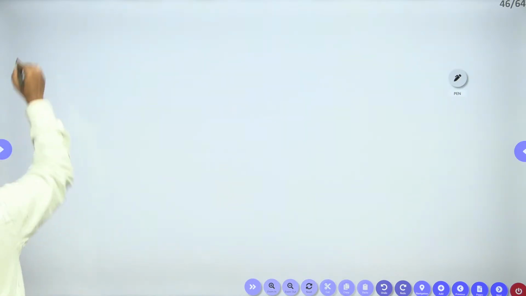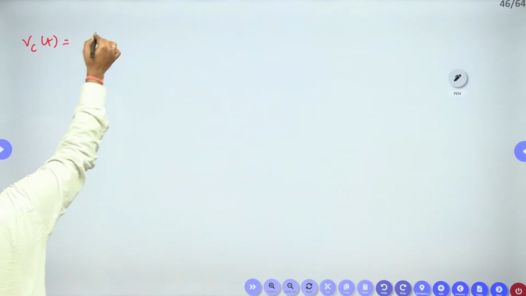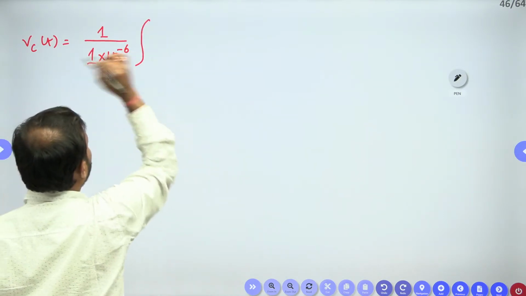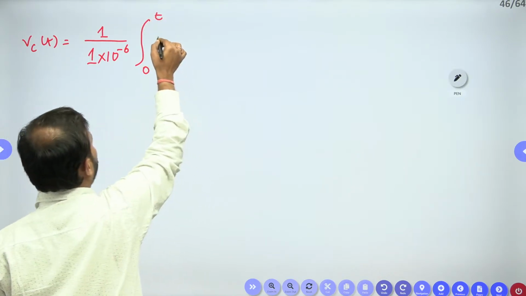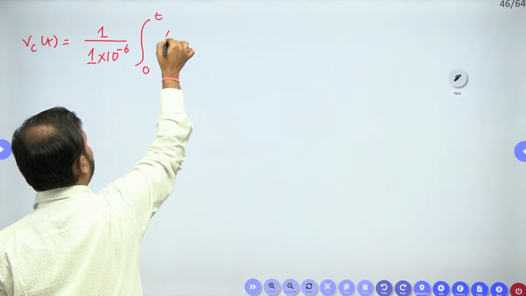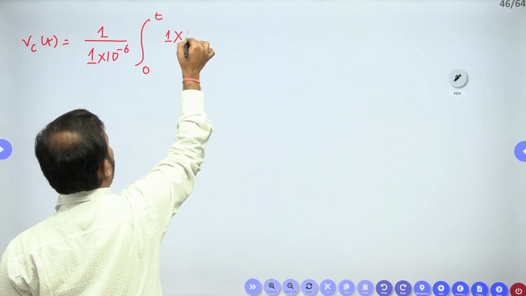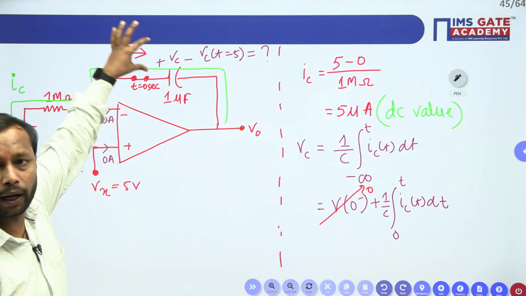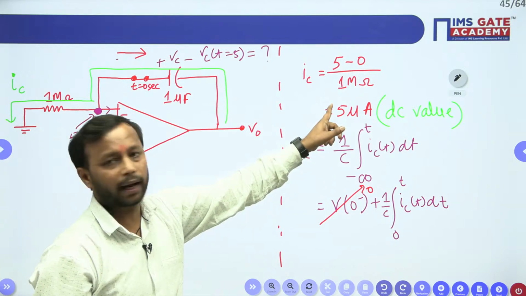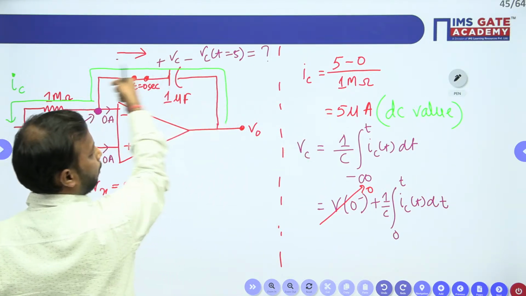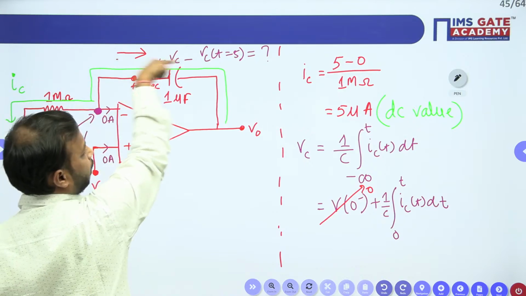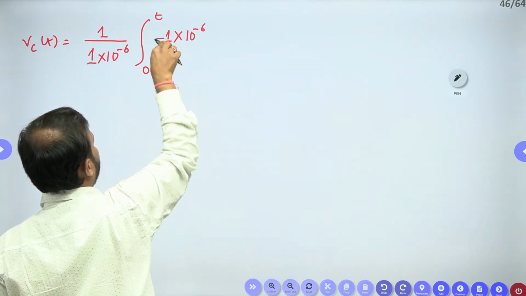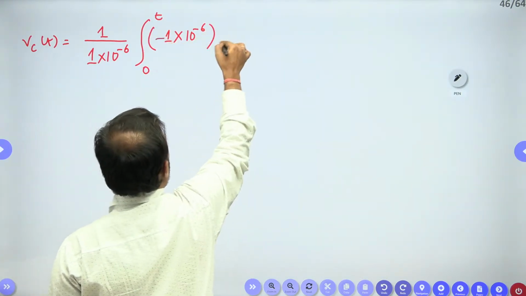So your Vc of t is equal to 1 upon C, which is 1 into 10 to the power minus 6, integration 0 to t. IC is 5 microampere, 5 into 10 to the power minus 6. But to justify this polarity, the IC must be negative. Here IC is plus 5 microampere, so for this direction it should be minus 5 microampere. So minus, for that we need to take into dt.